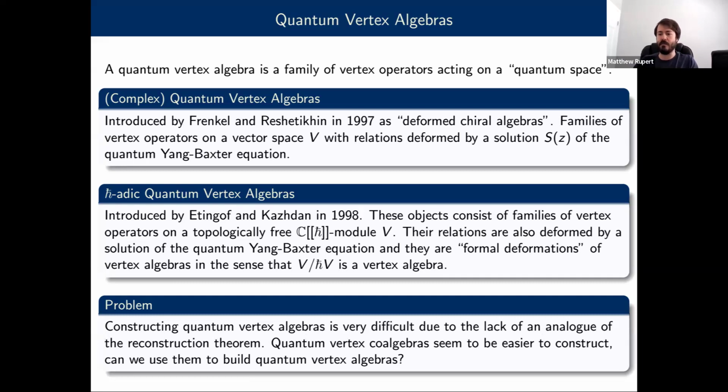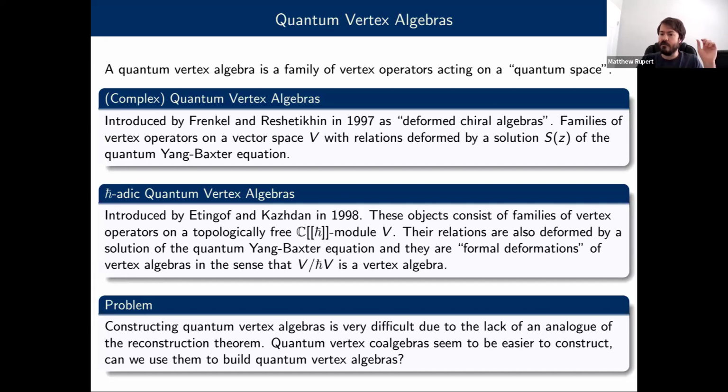This is a big problem. It seems like quantum vertex coalgebras might be easier to construct than quantum vertex algebras, and I'll get into why that is. And it also seems like we might be able to use quantum vertex coalgebras to construct examples of quantum vertex algebras.